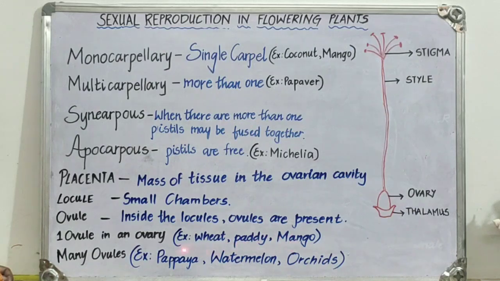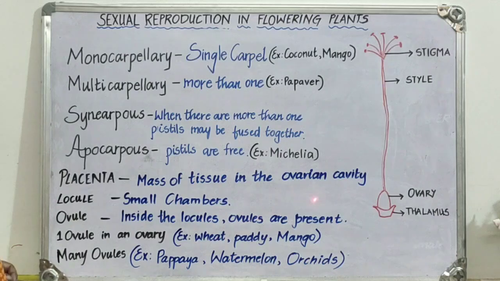In these three, we will see only one ovule in an ovary. Then many ovules: we will see many ovules in the case of papaya, watermelon and orchids. Again, papaya, watermelon, orchids are the best examples for many ovules.